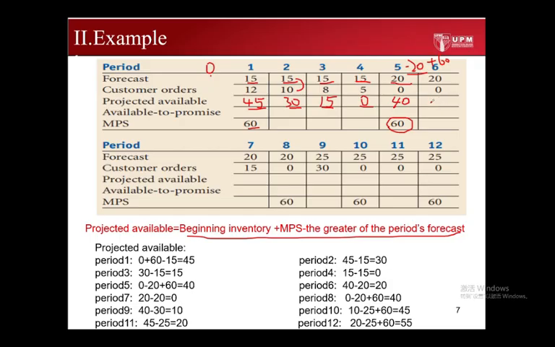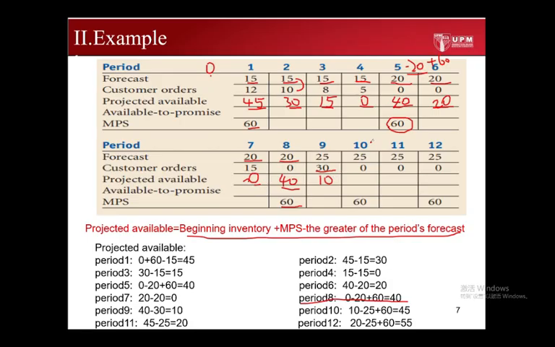The next period is 40 minus 20 equals 20. And the seventh period is 20 minus 20 equals 0. Period 8 projected available is 0 minus 20 plus 60 equals 40. Period 9 equals 40 minus 30 equals 10.